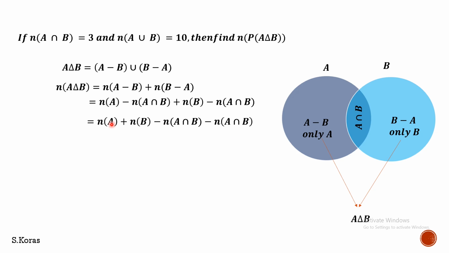Now if you see, these three terms are nothing but n of A union B. So we can write this as n of A union B minus n of A intersection B.